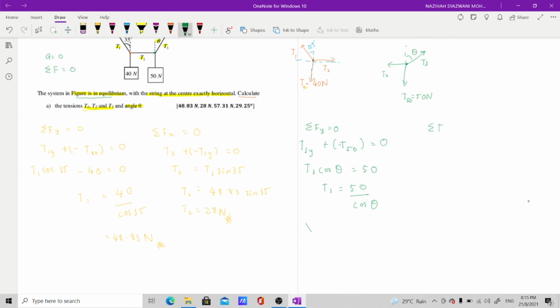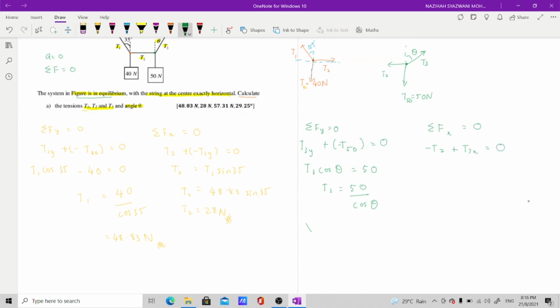Now let's do the x component of the green free body diagram. Summation Fx equals 0. On the x component, we have two forces acting on it. That would be negative T2 plus T3x equals 0.